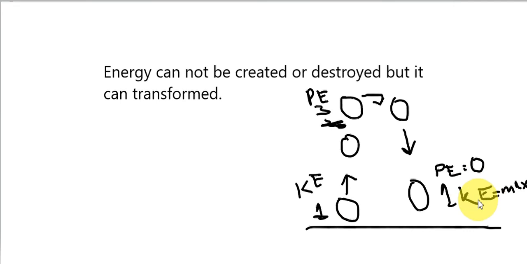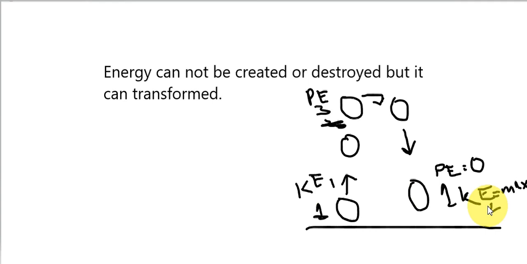But this kinetic energy is less compared to the earlier kinetic energy. Let's say it 1 and let's say it 2. The kinetic energy 1 is greater than kinetic energy 2.